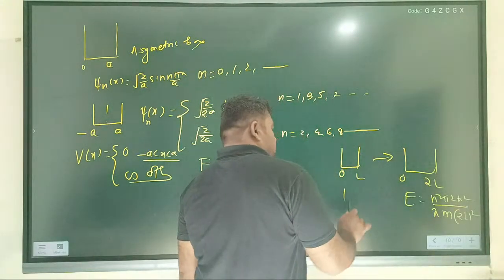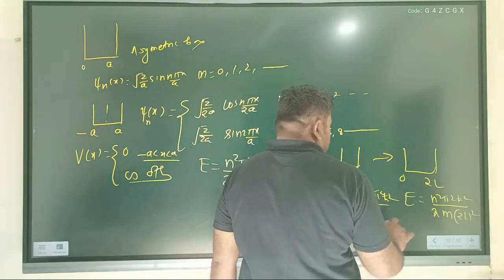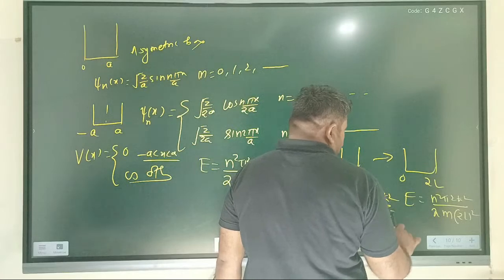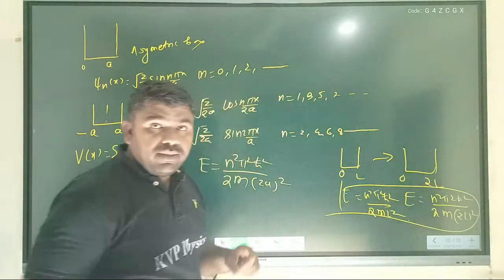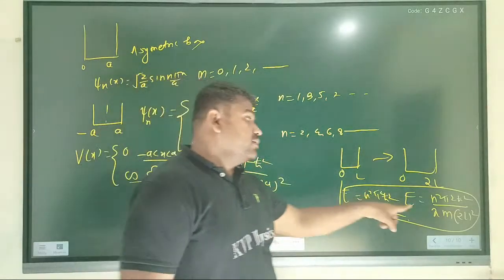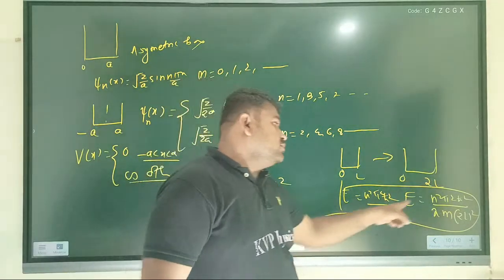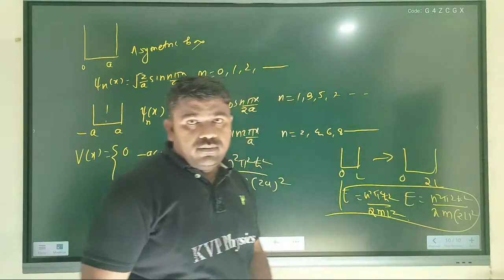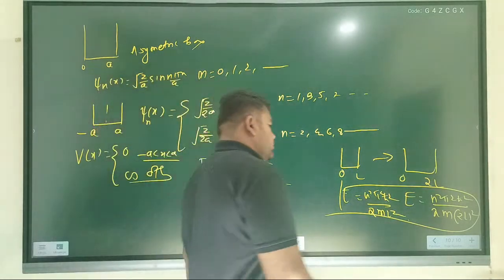For 0 to L, energy is equal to n square pi square h cross square upon 2m L square. Clear? When width is increased, energy decreases. How much? Suppose this is 4 times, 1/4 of original energy. Okay.